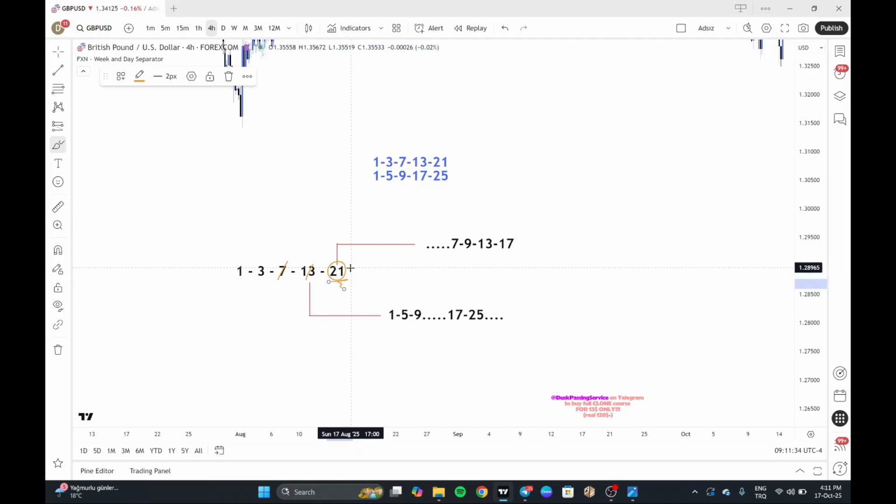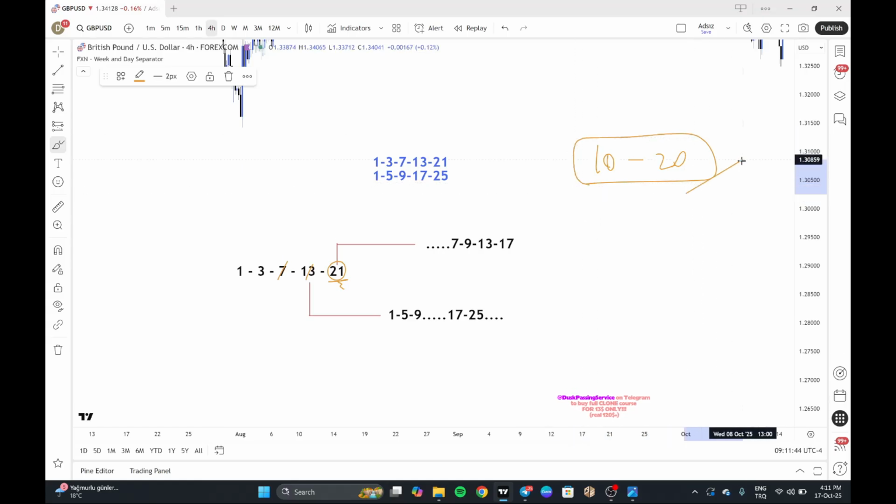So that's why I say 21 should be your focus for those cycles to change. And remember, I say 10 candles or 20 candles counting for the consolidations. Remember that. That's important.